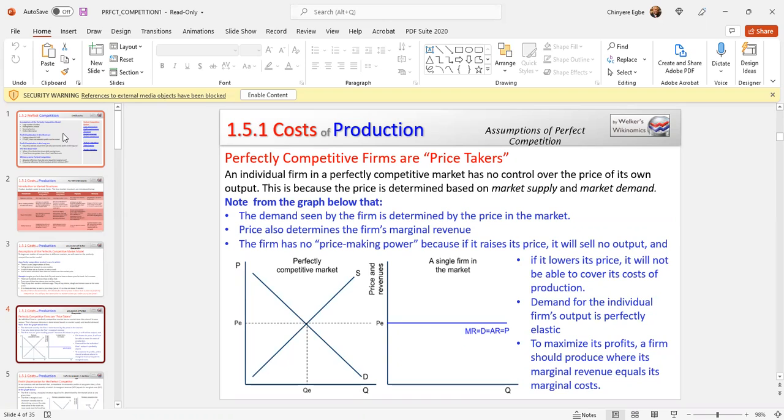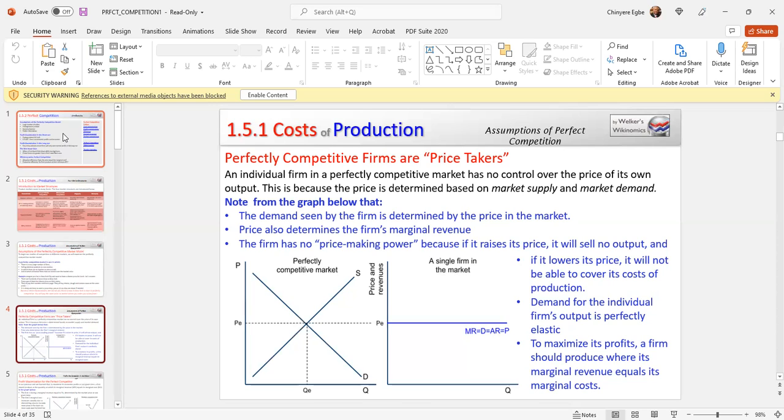Now, in perfect competition, what are the conditions for perfect competition to exist? And I'll provide an example of a perfectly competitive market. The conditions are: one, there are numerous, that is many, sellers in the market. And secondly, there is free entry into the market.